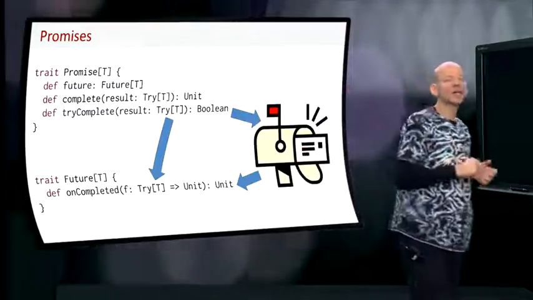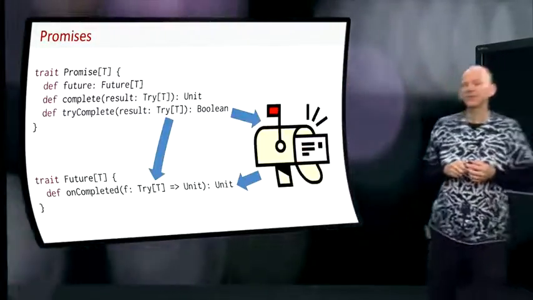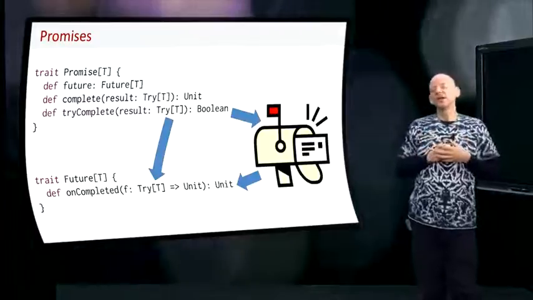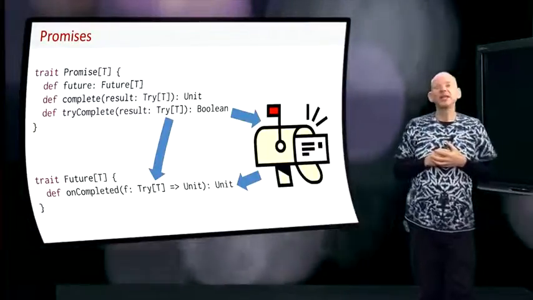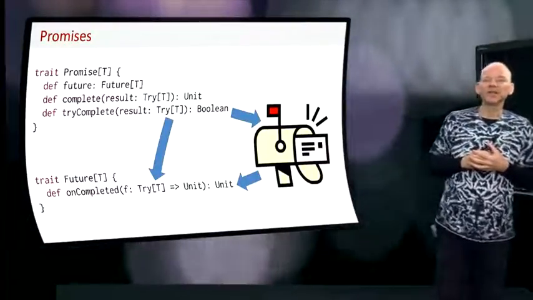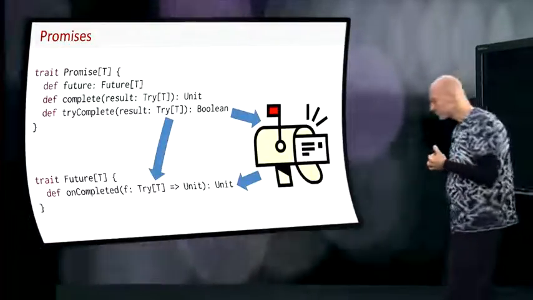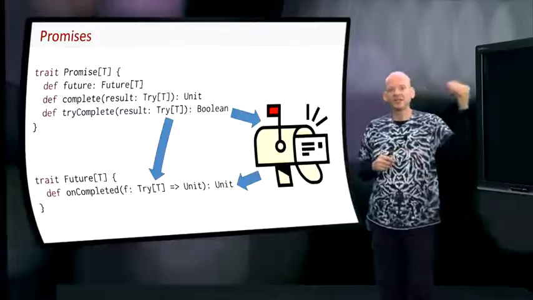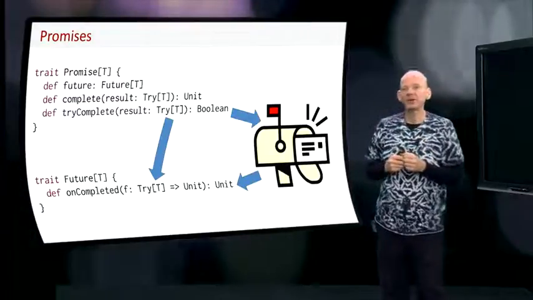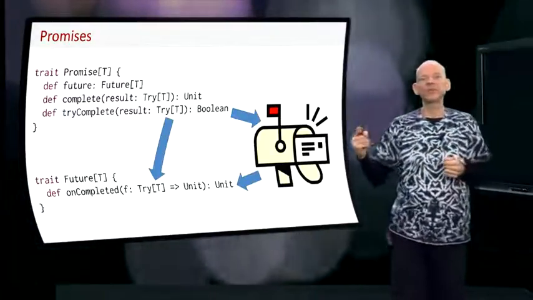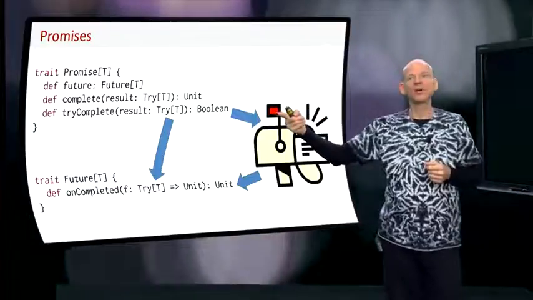And the picture I like to draw for that, and the picture I want you to have in your head, is a promise is a little bit like a mailbox. Okay, so a mailbox is that somebody can put something in the mailbox and you can wait for the mailbox. So there's a little sign on the mailbox.